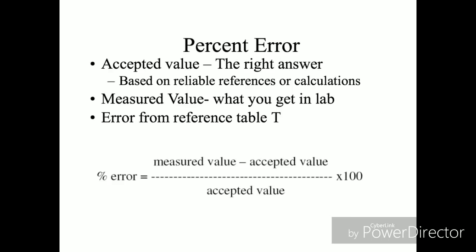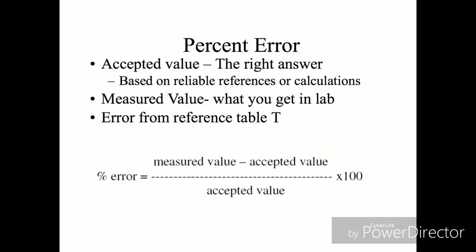Finally, we'll examine the percent error calculation one more time. Percent error formula is found on reference table T, or the back of your reference table. Here we must have a measured value. Measured values are always going to be found in lab.